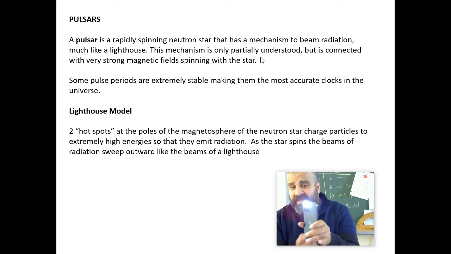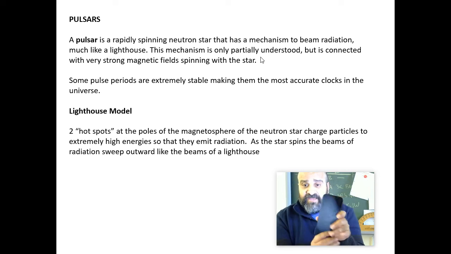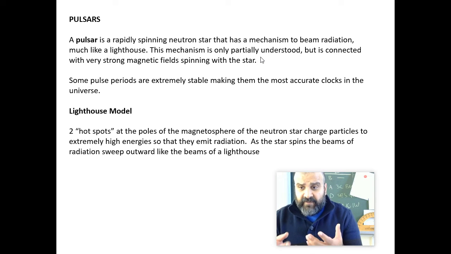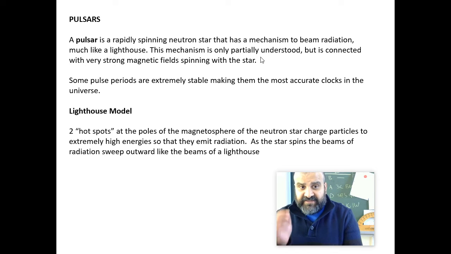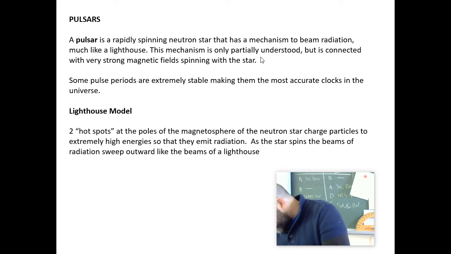But it's spinning many times per second and I can't spin it quick enough and I'd end up dropping my phone. But what we see from Earth is we get these pulses of radiation, as the neutron star is spinning, right?